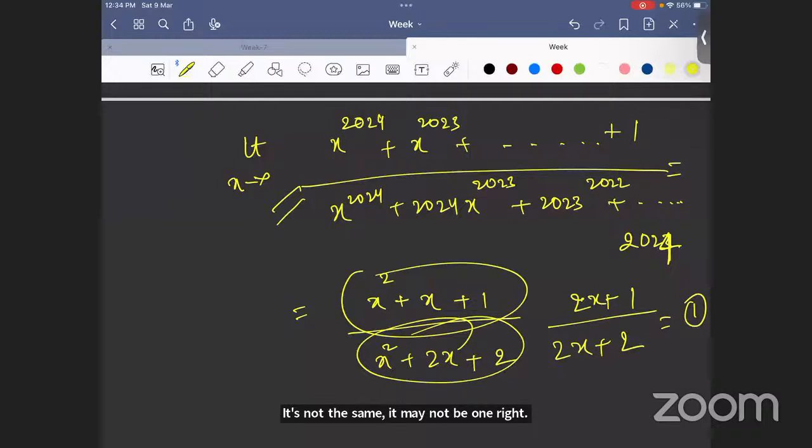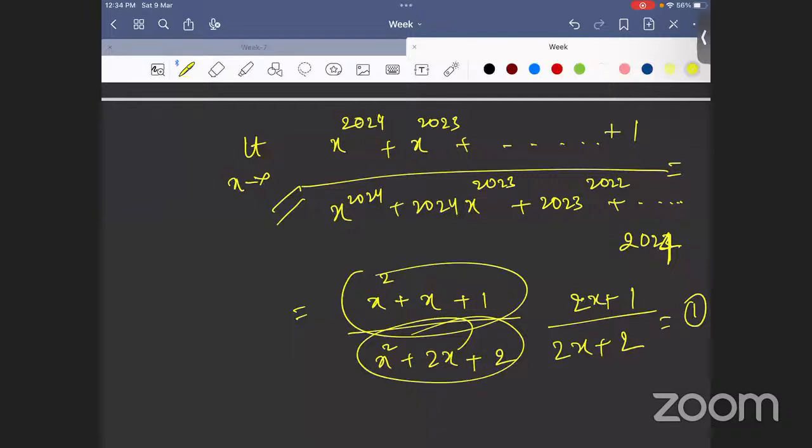Sir, after another differentiation, the coefficient will be 2024 factorial in the numerator and also in the denominator, and both cancel out because both are equal. That's why it's 1. If the case were x square and below is 4x square, then your limit will become 1 by 4.